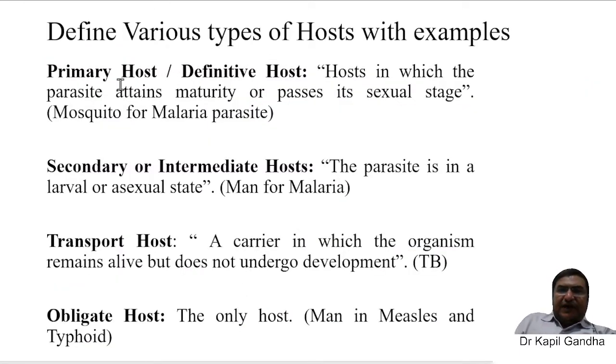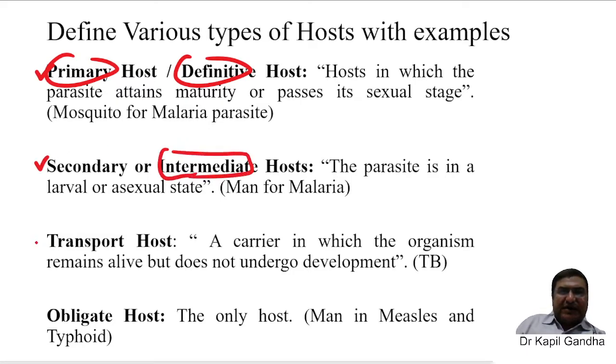Host can be of different types: primary or definitive host, secondary or intermediate host, transport host, and obligate host. What do we understand by primary or definitive host? It is the host in which the parasite attains maturity or passes its sexual stages.